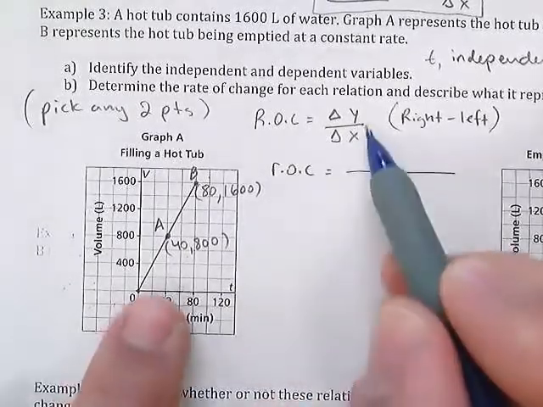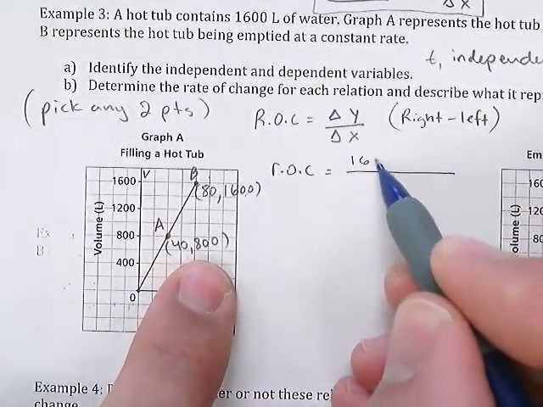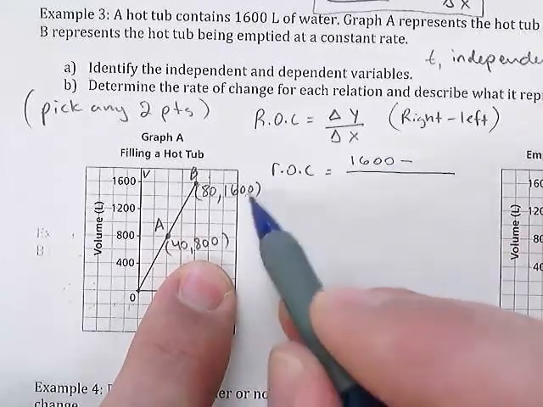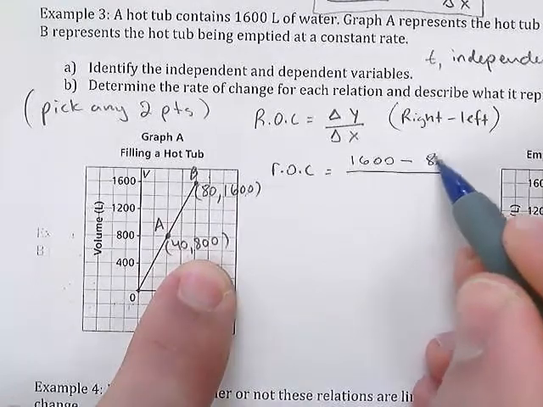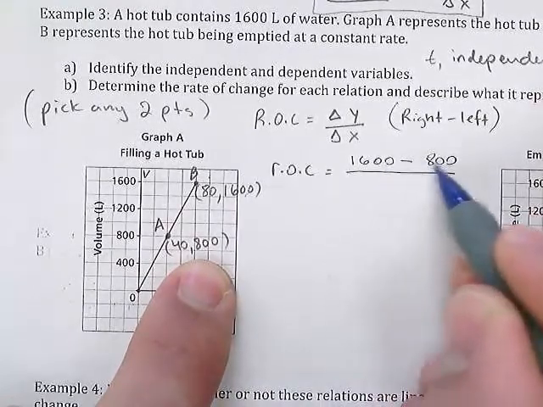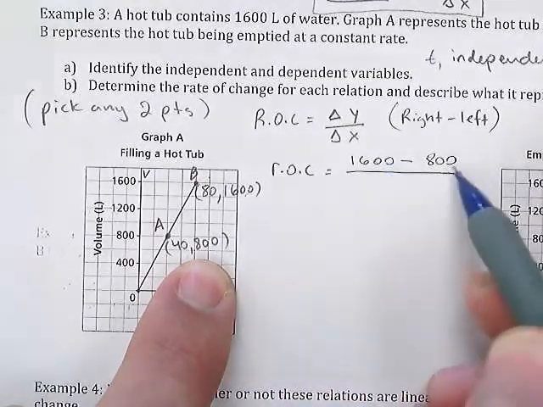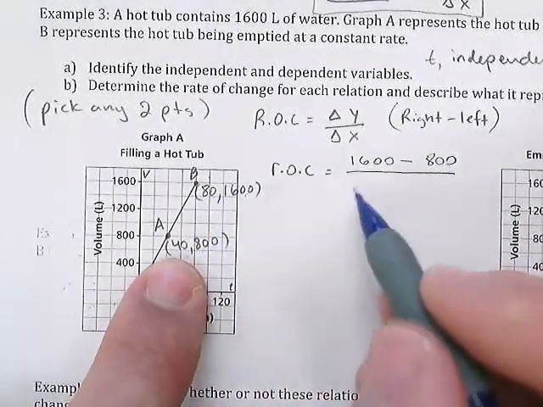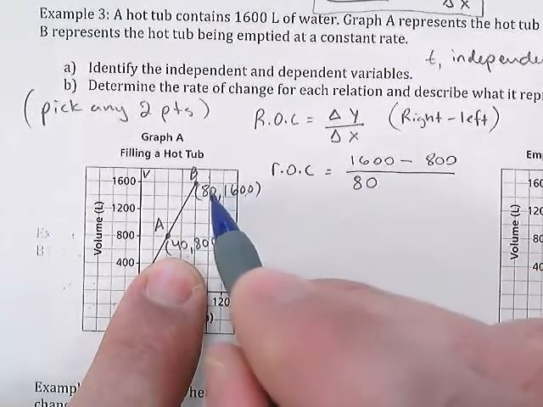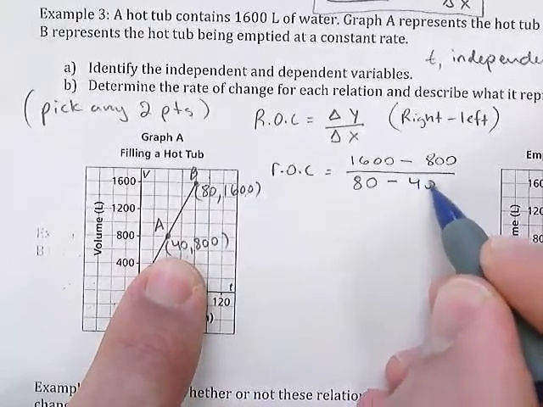Let's look at our y values. This is the rightmost point, so we're going to go 1600 minus 800, which is to the left. So the change in your dependent variable is found by doing this. The change in your x variable is you're going to go to the rightmost point and subtract the leftmost.